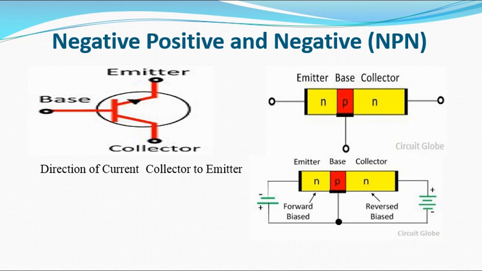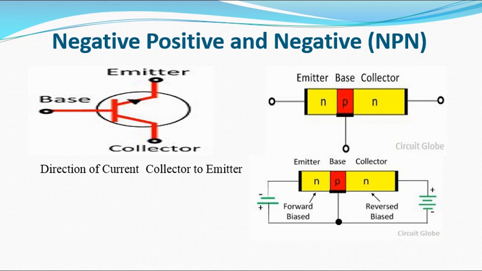What they are trying to explain here, if you watch it properly, is obvious. The forward bias junction means the P-type terminal of the transistor is connected to the positive terminal. Look at it here.